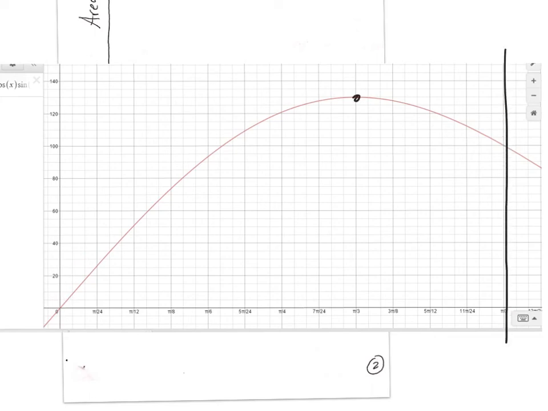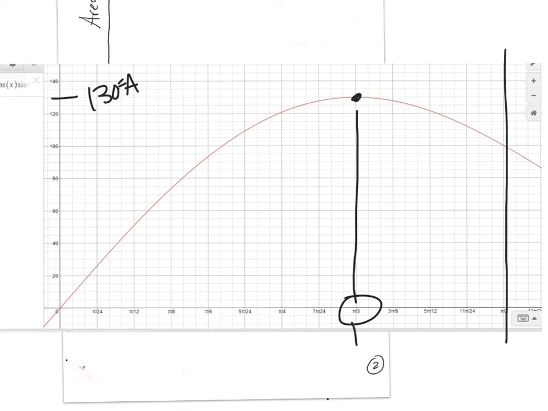And it looks like our maximum value, which we're interested in, is an area of 130, whatever that is, probably square centimeters. And that takes place at an angle of pi over 3. So our graph should look something like that.